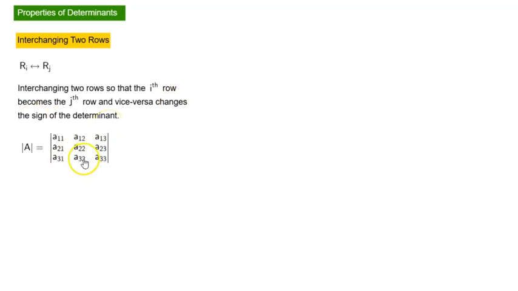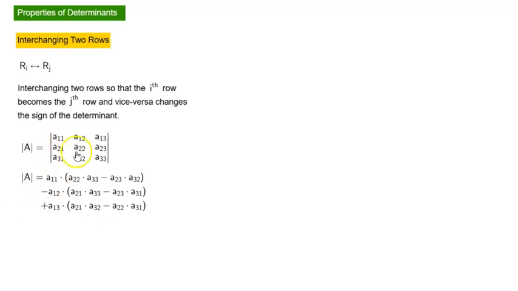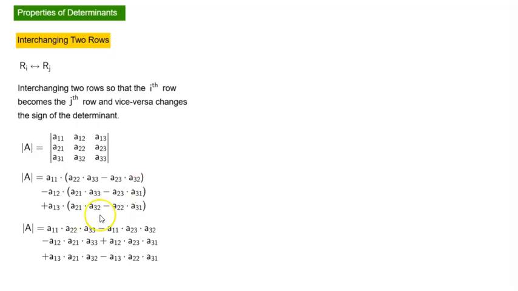So let's again take it step by step. The determinant of A is the determinant of this matrix. Evaluating the determinant, we get this expression, and opening up the brackets, we get this. Now, let's do the interchanging of the first row and the second row.